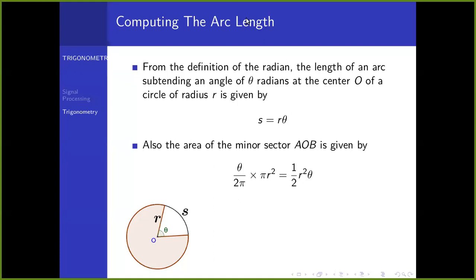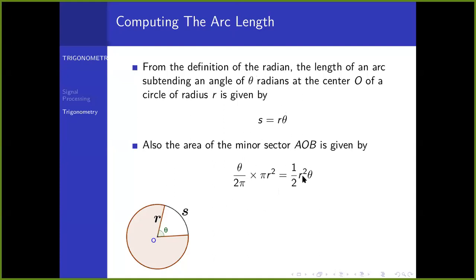Okay. And what about the first one? Which one? This one? Yes. Both of them work only with radians. They follow directly from the definition of a radian. So the definition of a radian is what leads you to these two formulas.